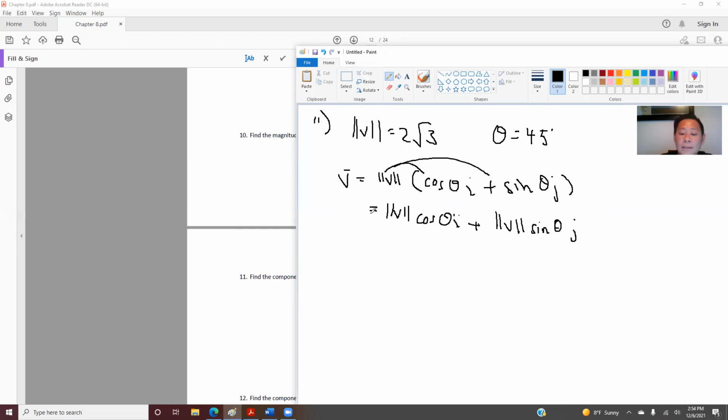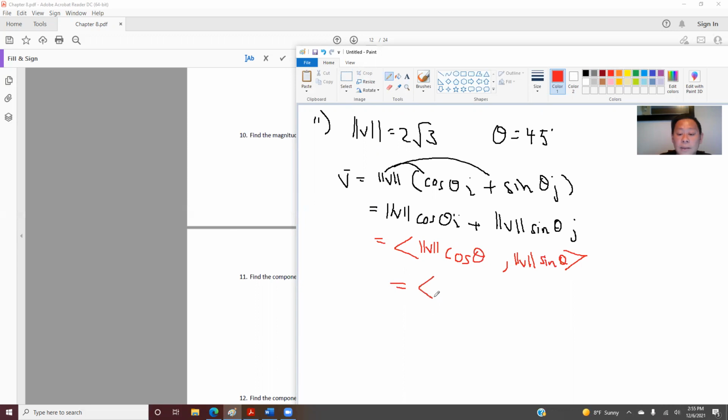Since this is in linear combination form, we can write it as component form. You just need to drop your i and j. So the vector v is the magnitude of v times cosine theta, and the magnitude of v times sine theta.